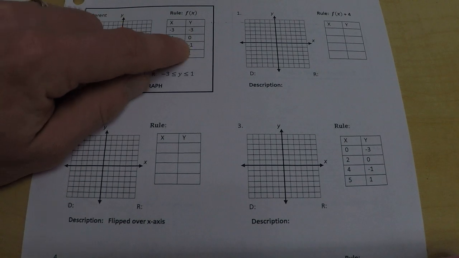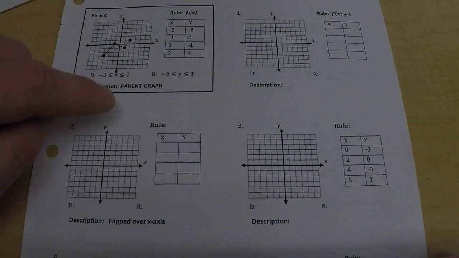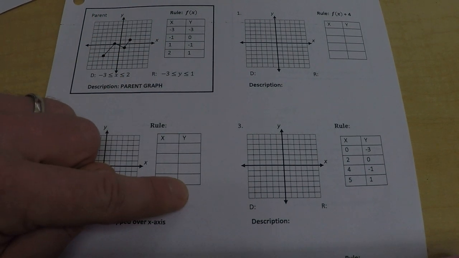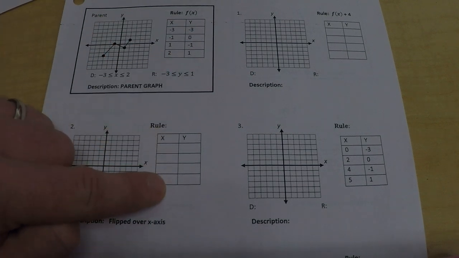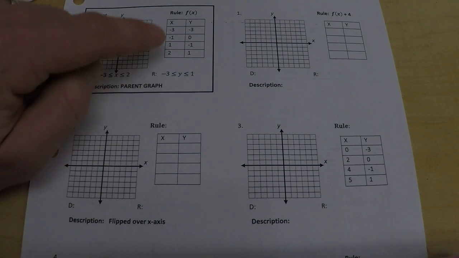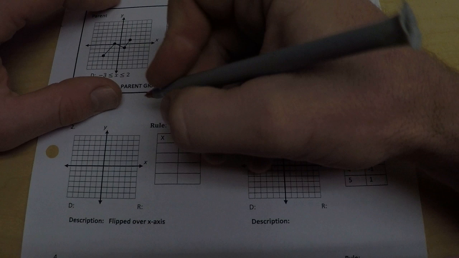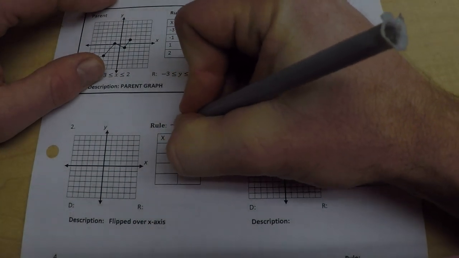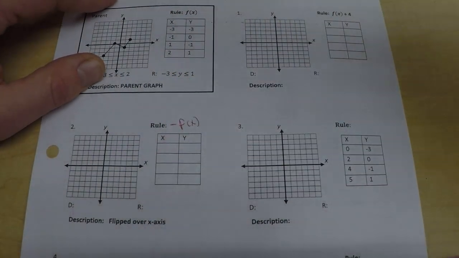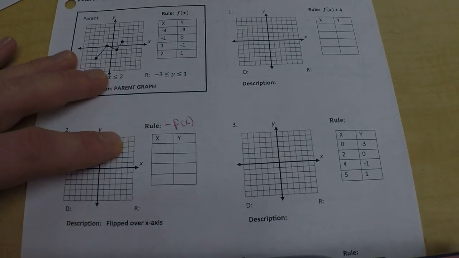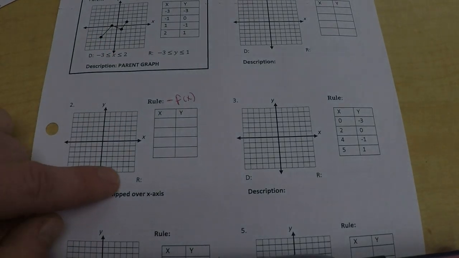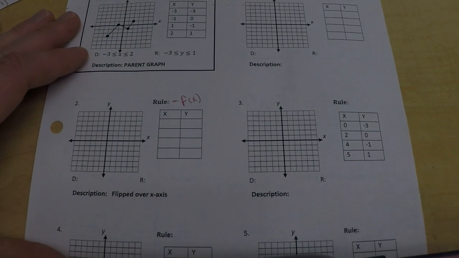It should change all your y values to be opposite, so they should all be the opposite sign here. But your x's stay the same. Your rule will look like f of x, but since you flipped, we're going to do something like that. Okay. And then you're going to want to, again, do the domain and range here.